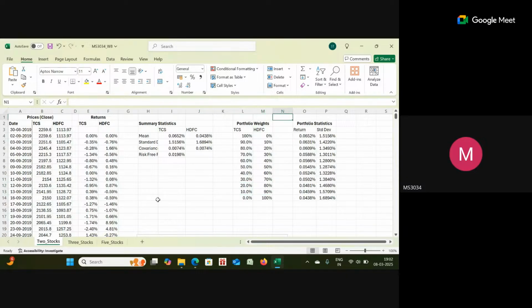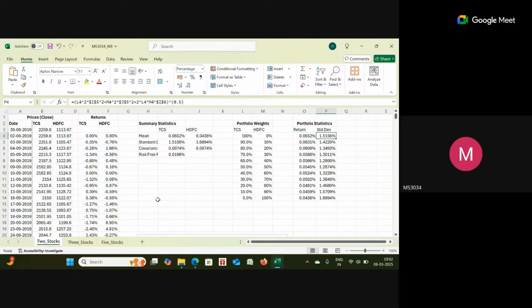If this is the portfolio, what is its expected return? It is the weight of TCS times the expected return of TCS plus the weight of HDFC times the expected return of HDFC. Using this formula, we have calculated the portfolio return.